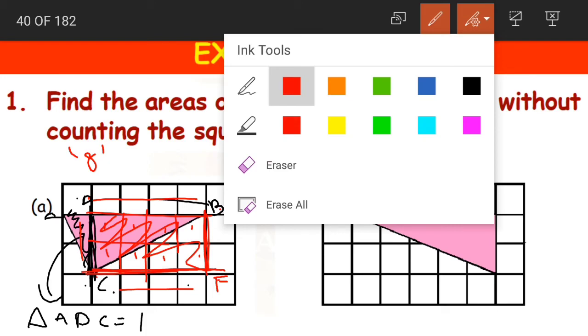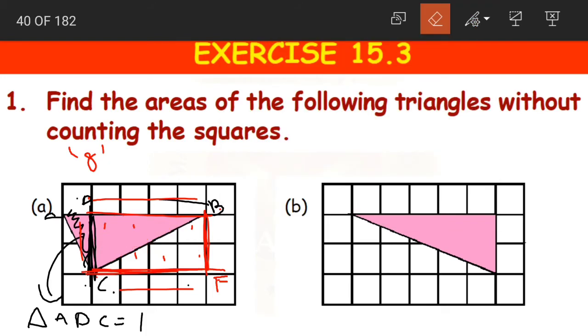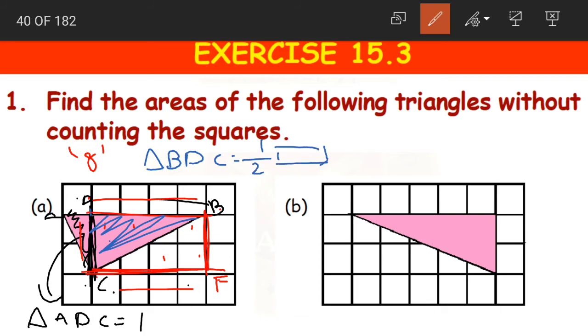But what do we want? We want the area of our triangle BDC. So the area of triangle BDC will be equal to half the area of the rectangle. Which is the rectangle in which it is there? BDCF.